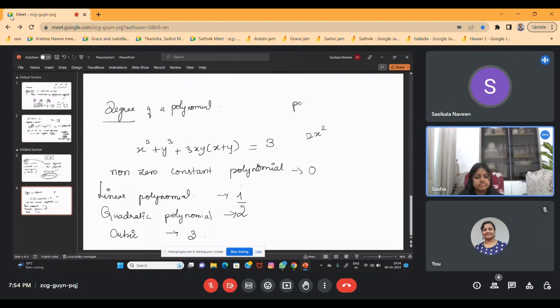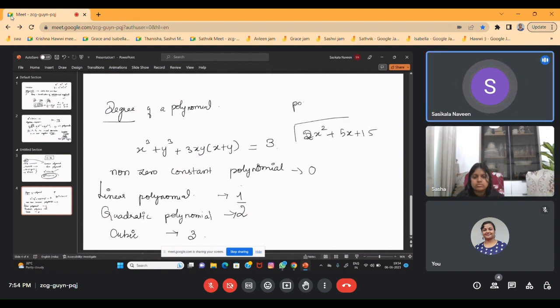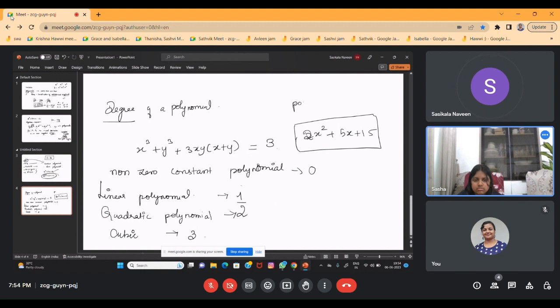2x square plus 5x plus 15. How many variables are there in this expression?